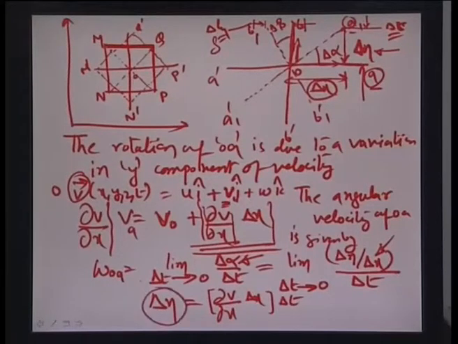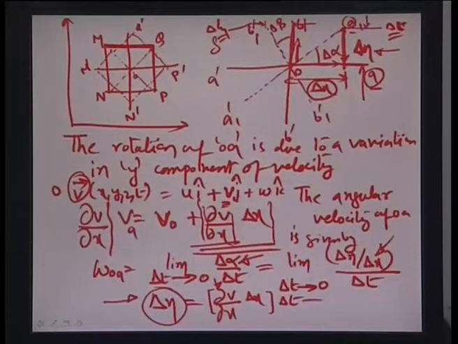So, delta eta, the distance that the point A covers in order to go from A to A1, is nothing but the differential change in the y velocity with respect to x times delta x, due to which the velocity at point A here is different than at point O. Okay. So, this change times delta t, that is exactly what delta eta would be, the amount of distance that A traverses when it goes to A1.